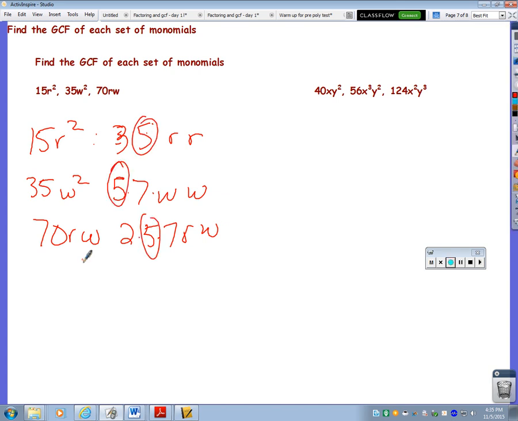So your greatest common factor here is going to be 5. You can go ahead and finish the other one for homework. Hopefully you're understanding this. If you have any questions, write them down and bring them to class.